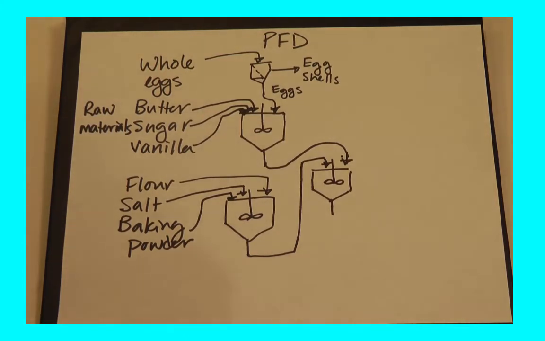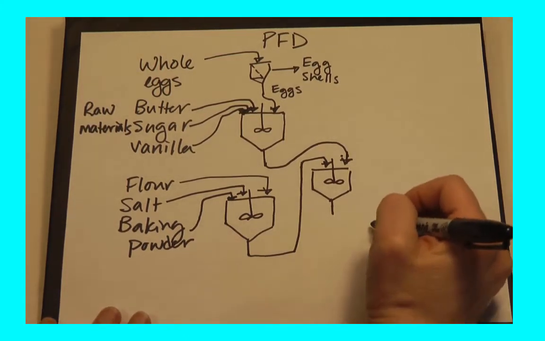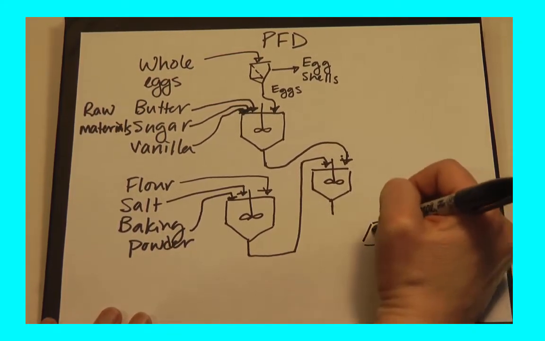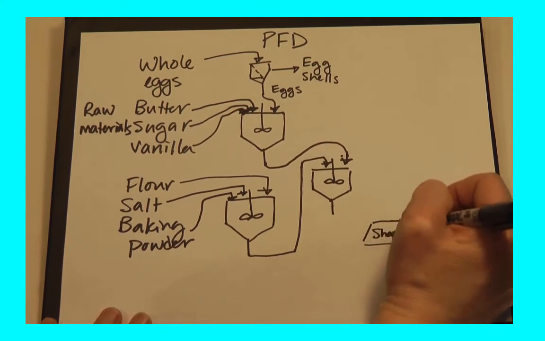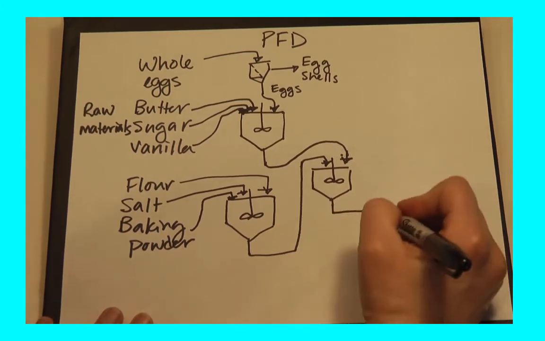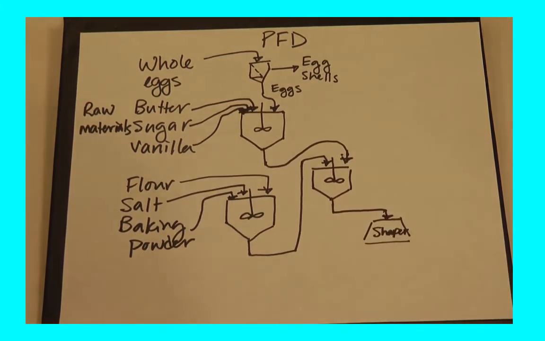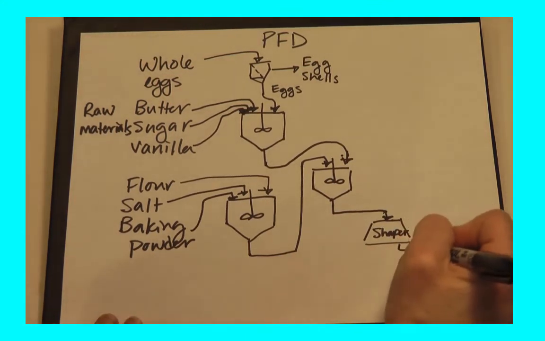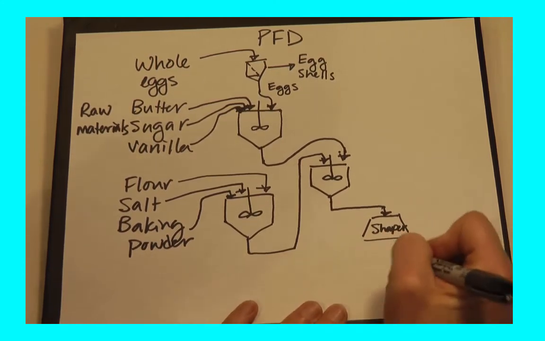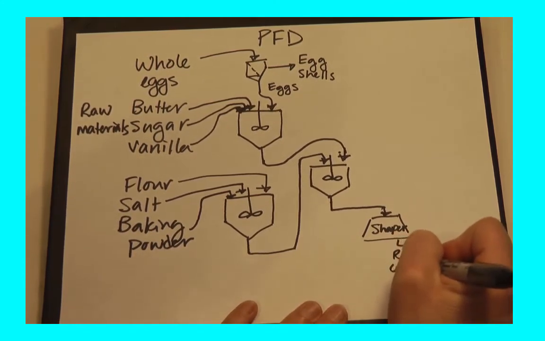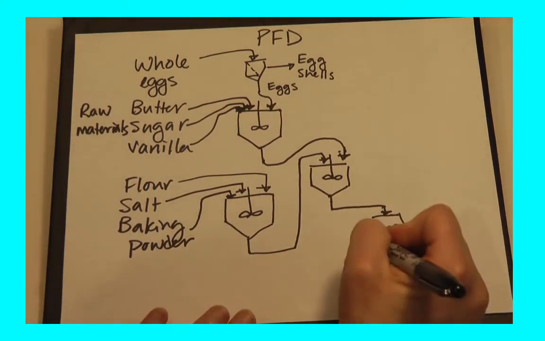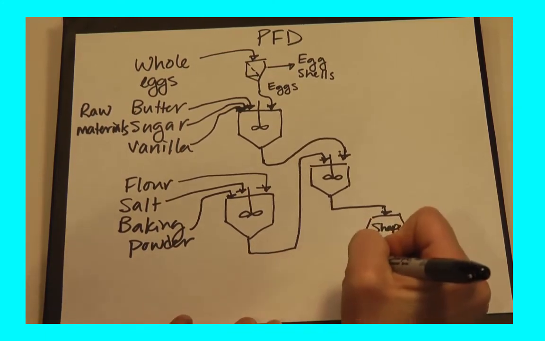And maybe I want to make cookie shapes. So I'll have some kind of unit here that's a shaper. And my dough from my mixer will come into this shaper. And out one side I'll get raw cookie shapes. And out of the other side I'll get scraps.